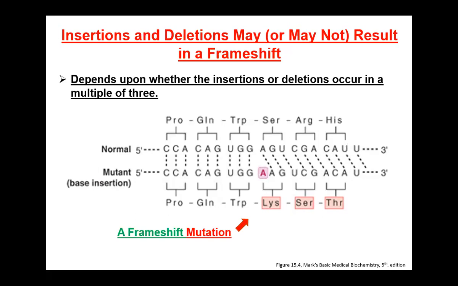So on one hand, we can look at changes in the DNA and ultimately the proteins based upon what we've been talking about. In addition, we can also look at mutations as whether they are spontaneous or induced.